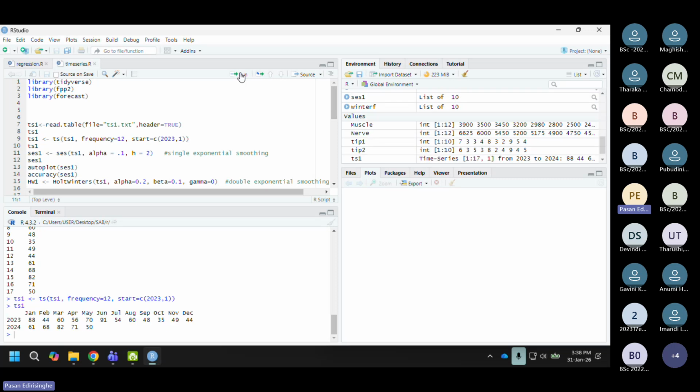Then if I run it again, you can see I have the data starting from 2023 and going up to May 2024, right? So that's the data set I have there. I'm just indicating that to my file, so now this is a time series data set.